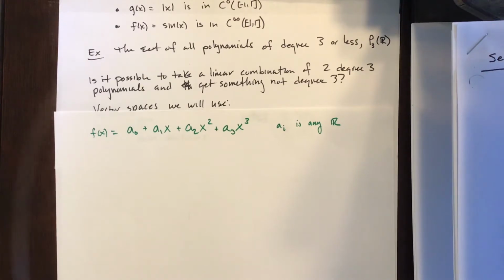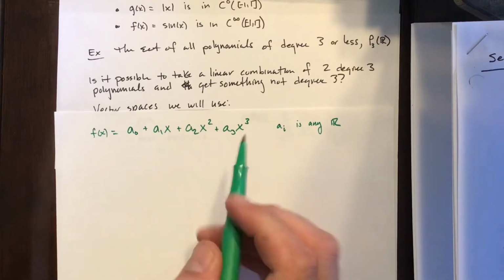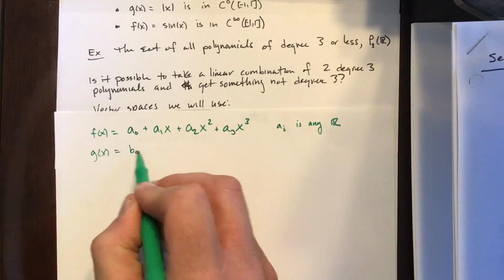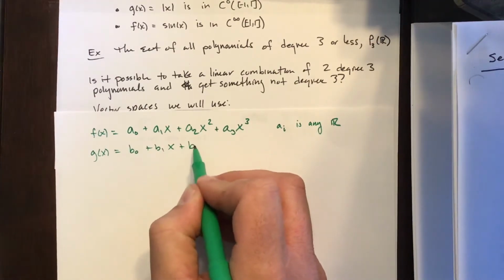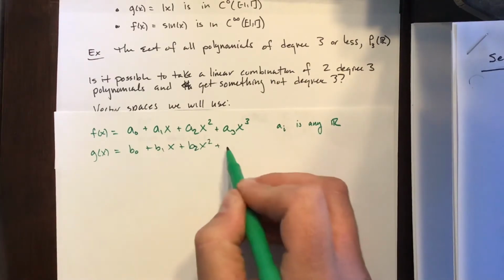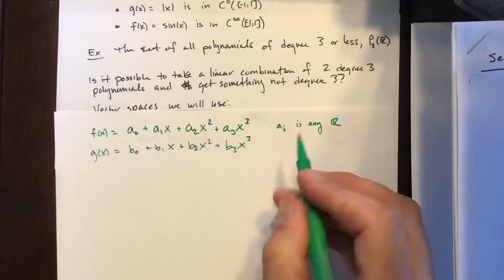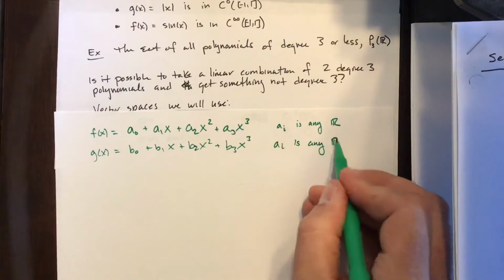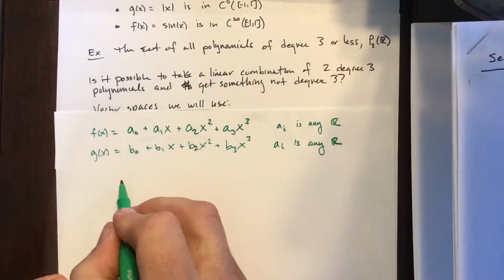So can I take an f of x that looks like this and a g of x that looks like this, and get something that is not degree 3? Think about it. I think I have an example for you.